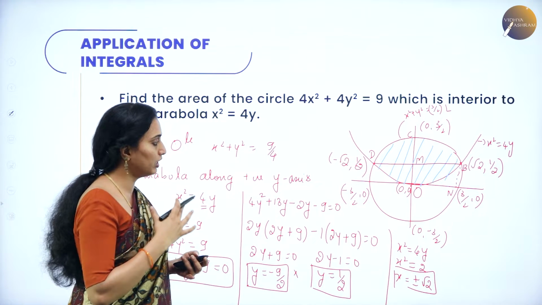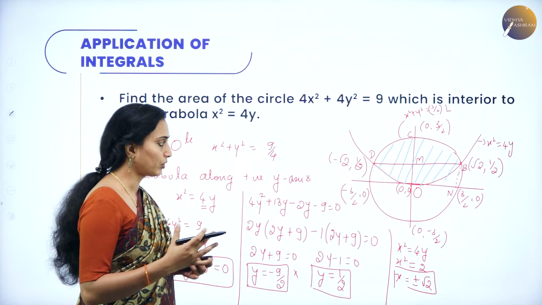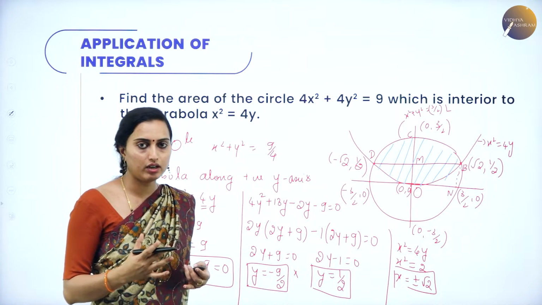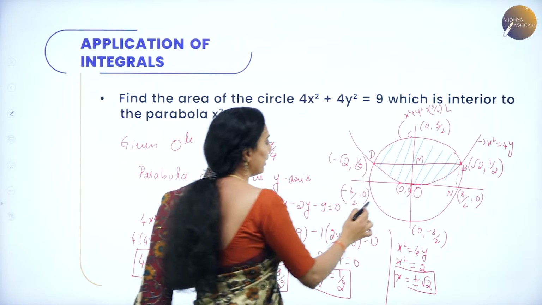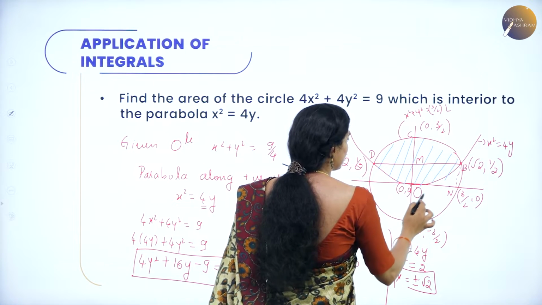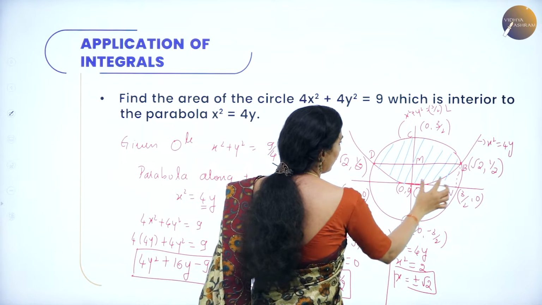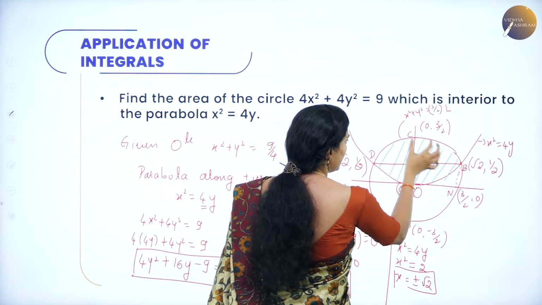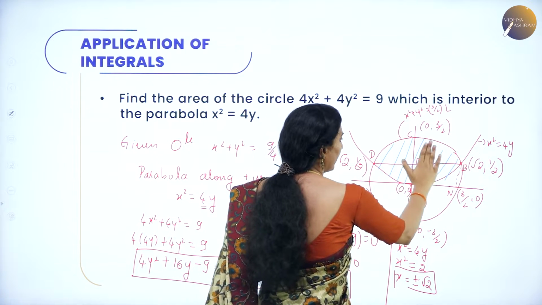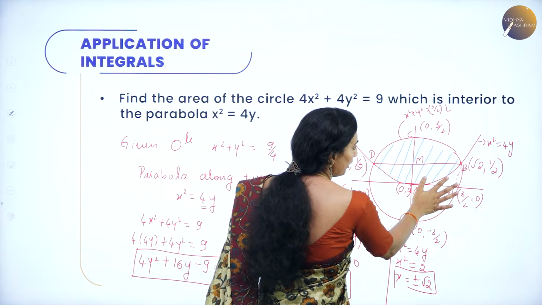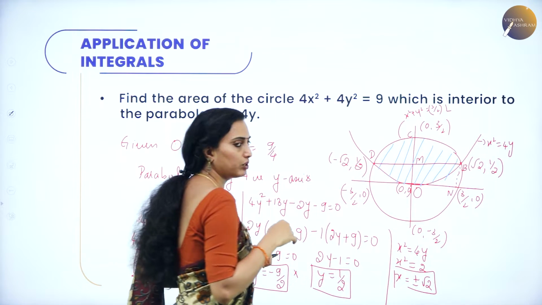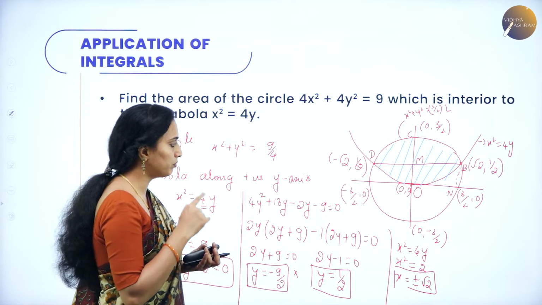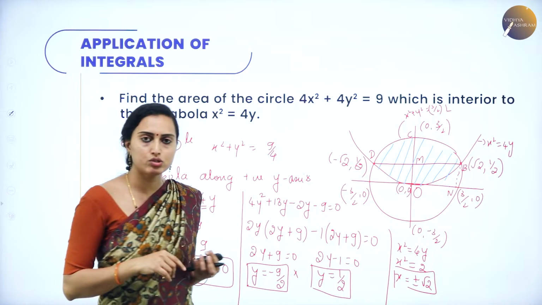So therefore, from 0 to root 2, correct? So 0 to root 2, what is that? Area of OBM, then we'll minus this one. See, area of OBM plus area of MBC gives you the whole area, but I do not want this area. If I do not want this area, I have to minus from that one. So I have to minus from that one means I need to find out that area also, okay?